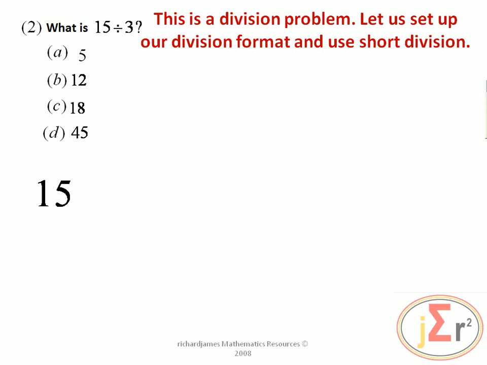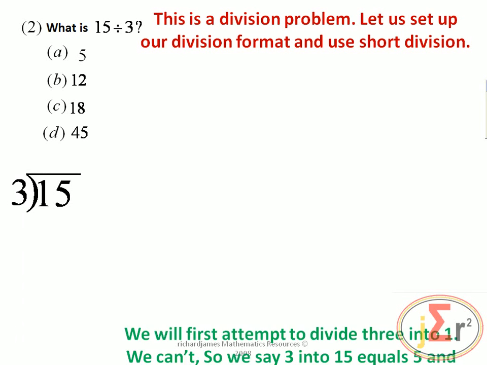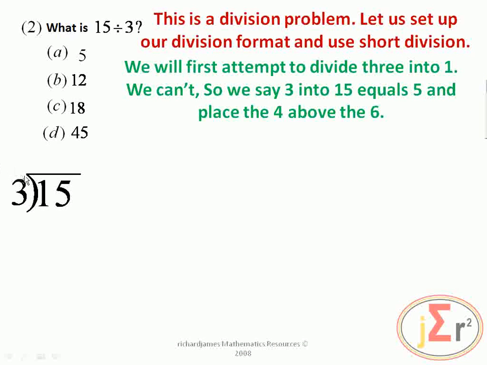So we will begin with 15, which is the dividend, and we have that symbol that we use for division, not only a symbol but also a form in which we have first the divisor, and on this line here the result of division, which is called the quotient, will be placed.